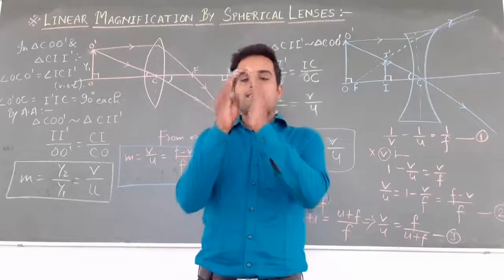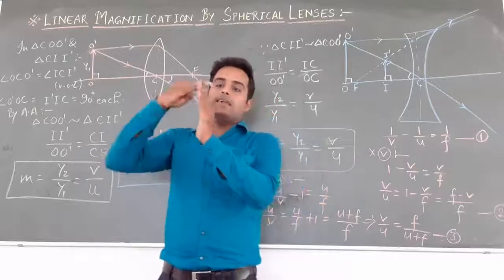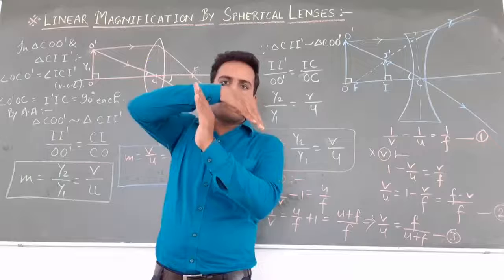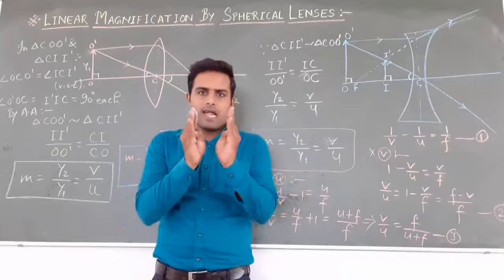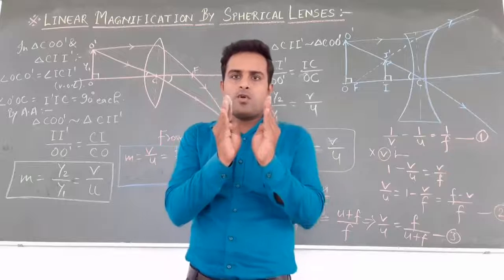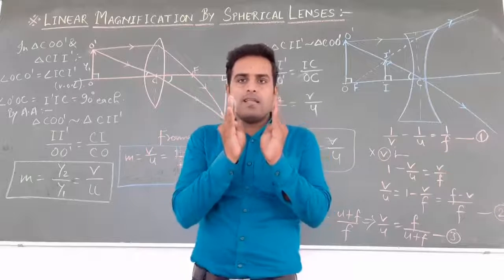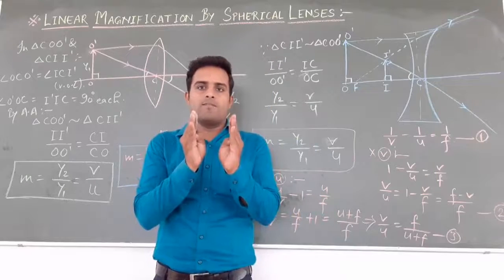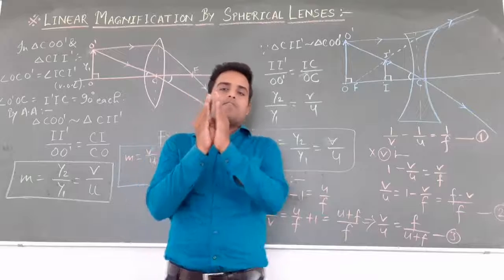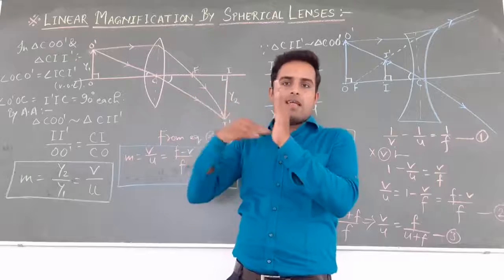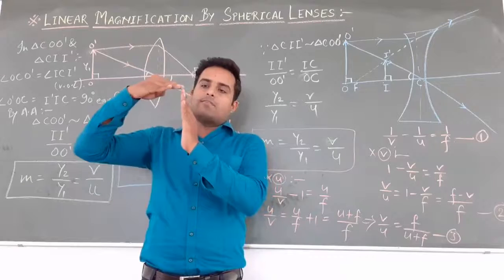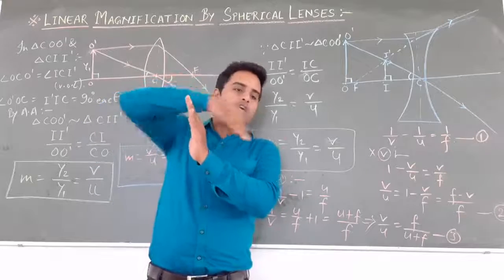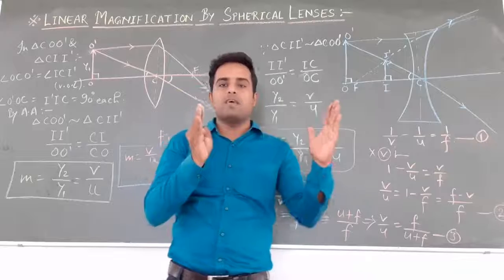Suppose I have taken a lens and it is bending the rays more. Then all the rays will meet at a small distance after the lens, so the focal length will become small. Suppose I take another lens, and when the rays of light pass through it, it bends them slowly and gradually, and they all meet at a long distance from the lens.